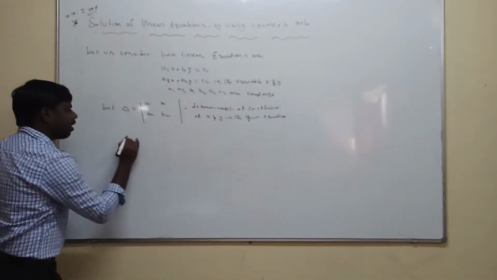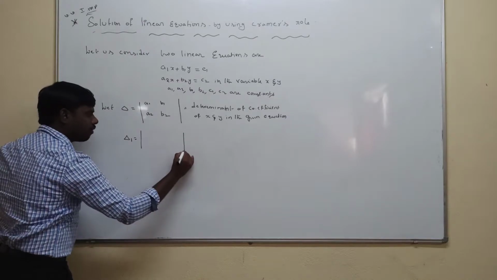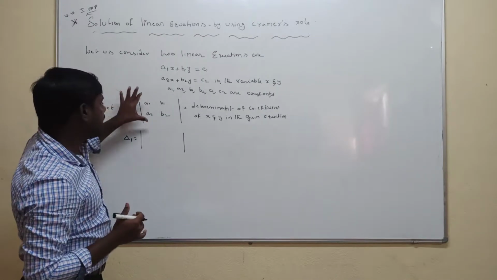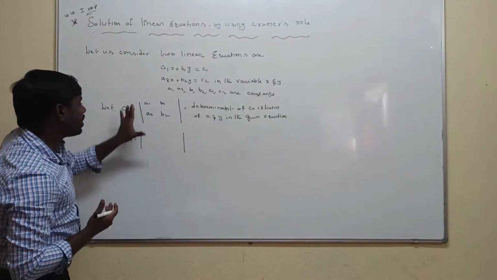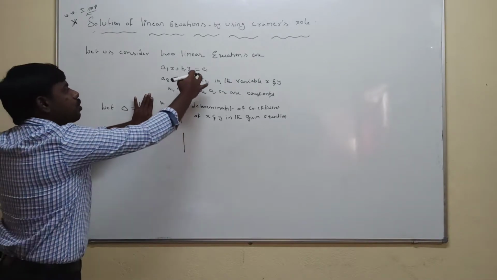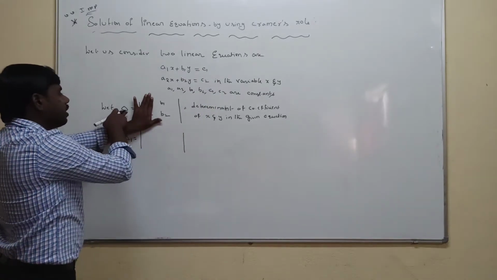Next, delta 1. Delta 1 is the determinant of delta with the first column replaced by the constant values. What are the constant values here? c1, c2.